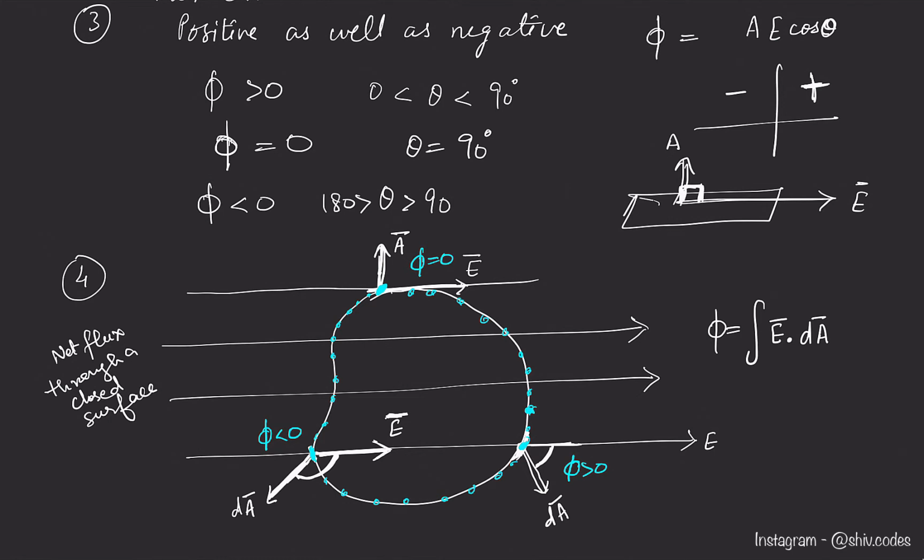So we can see that at the points where the electric field is leaving the closed surface, for example this point, the flux is positive, but at the points where the electric field is entering the closed surface, such as this point here, the flux is negative.